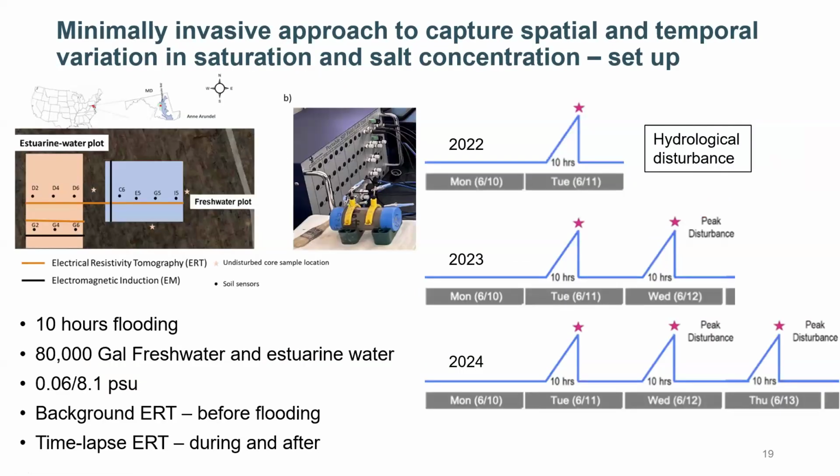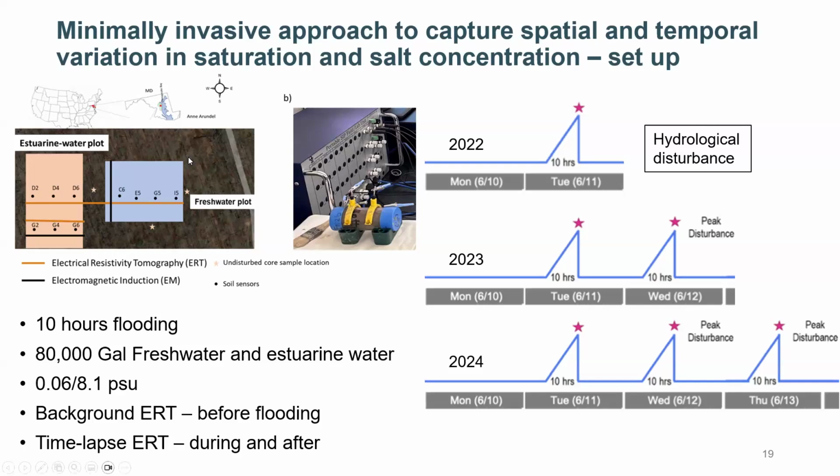Several of us here are familiar with the COMPASS experiment, where we picked a site and are simulating coastal flooding by flooding a freshwater plot and an estuary water plot with fresh water and estuary water simultaneously. We've been doing that for the past 3 years, so I'm not going to dwell there.